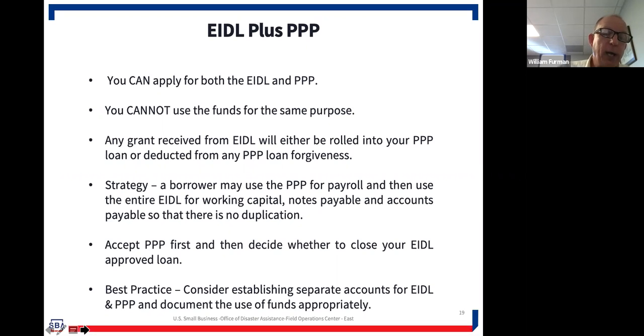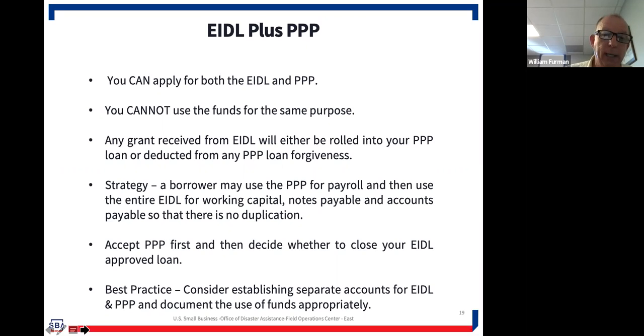And so if you've got an EIDL loan and you use that loan to pay payroll, what is supposed to happen is that entire EIDL loan would be rolled into a PPP loan, and I don't think it all would be forgiven. There's a good chance, and again, SBA's got to get additional guidance out on this, a significant amount of debt that had to be repaid in 2 years.